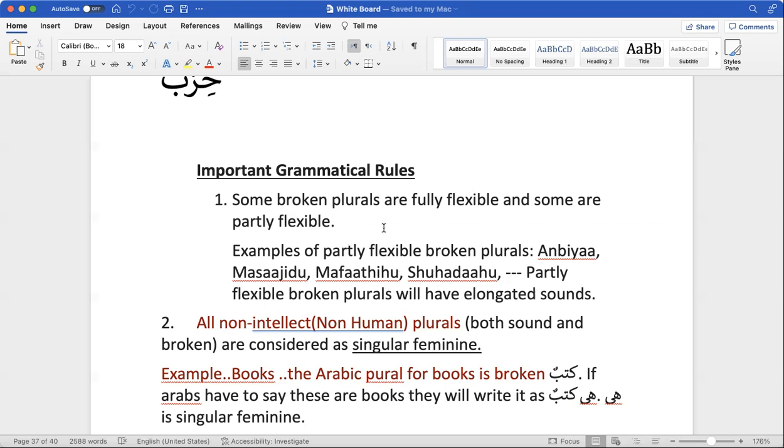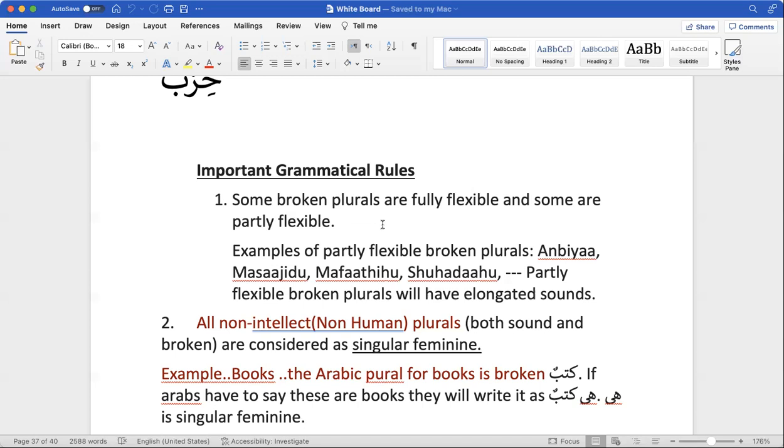But others are fully flexible, which means you will have, for example, rusulun, rusulan, rusulin; kulubun, kuluban, kulubin, min kulubihim. Yesterday you have seen in Surah Baqarah, ala qulubihim, ala absarihim, ala sam'ihim, correct?